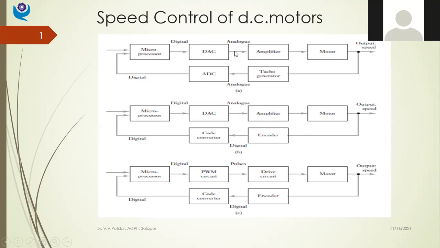Now that equivalent analog signal, that is the correcting signal, will be amplified and given to the DC motor. The DC motor can either be, as discussed in the last class, an armature controlled DC motor, wherein we control the armature voltage to control the speed, or it can be a field controlled DC motor, wherein the field voltage is varied so that the speed can be increased or decreased.